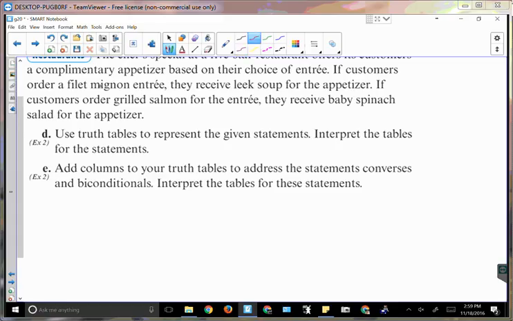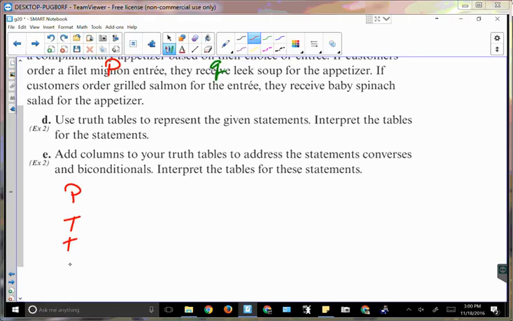So, the filet mignon, we're going to call that P. And what goes with the filet mignon? The leek soup. So that turns out to be Q. And now, I have no idea whatsoever about what P and Q are. All I'm going to do is go P, and it's going to be true, true, false, false.